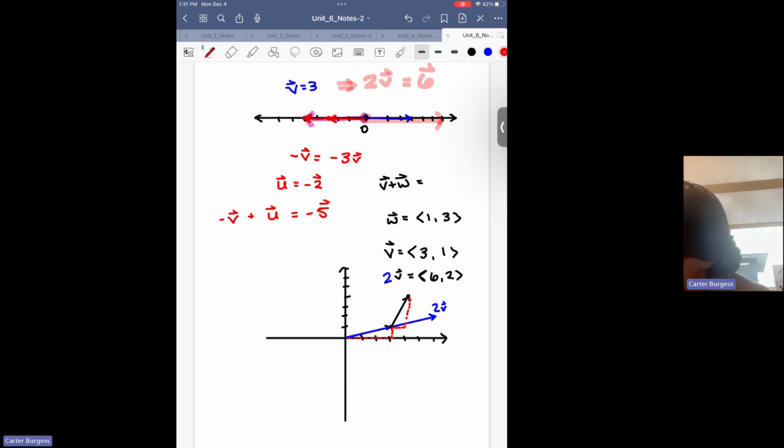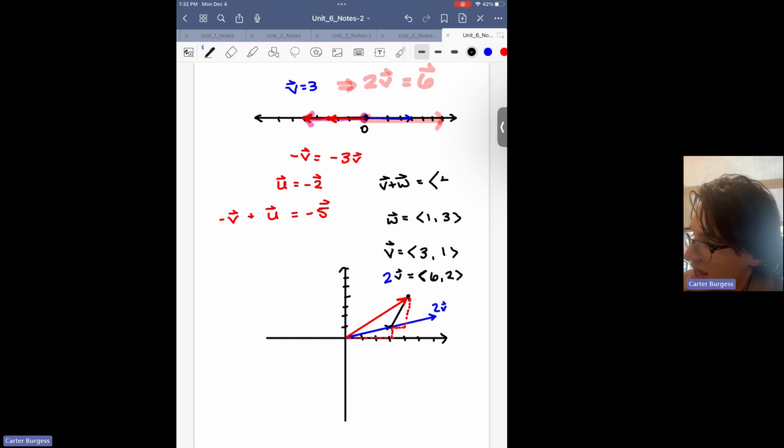The simple short answer is that we're going to end up arriving at the sum of these. And where it connects is going to be from the start of our first vector to the end of our final vector, which will give us the new sum vector that we can arrive at algebraically very simply by adding the x components and adding the y components.